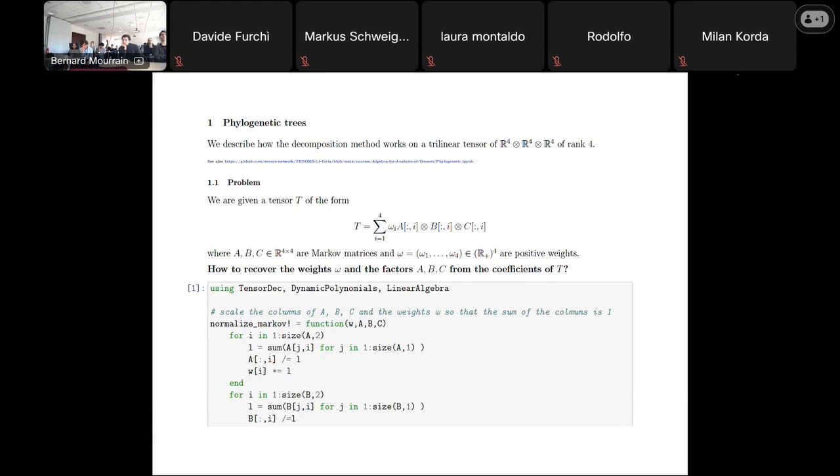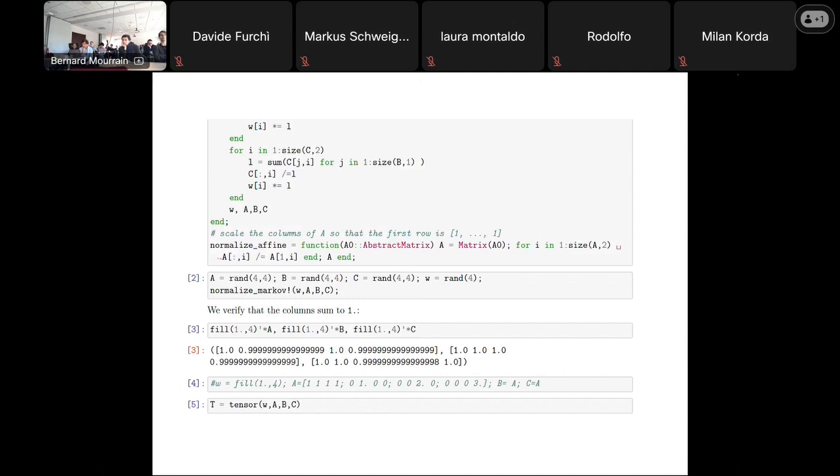Here we use a package, well, TensorDec here is not needed, but it's a package we developed for decomposition of tensors, DynamicPolynomials for multivariate polynomials, and LinearAlgebra is the basic one. We have some functions here to normalize things, which are not interesting. So here it's an example where data are randomly constructed.